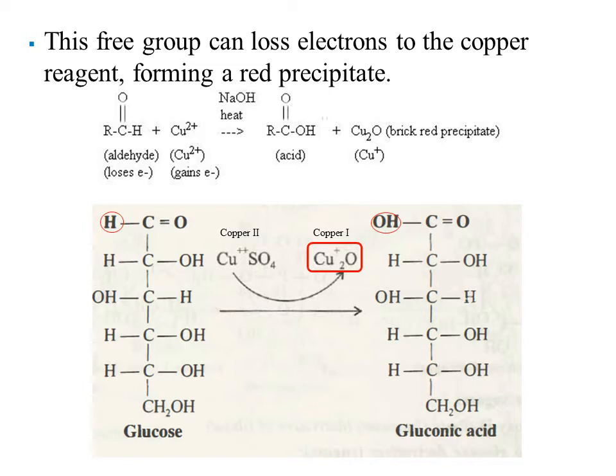It will bind to the copper reagent, and it will generate a brick red precipitate. So this is a colorimetric test to help you distinguish what solution has reducing sugars.